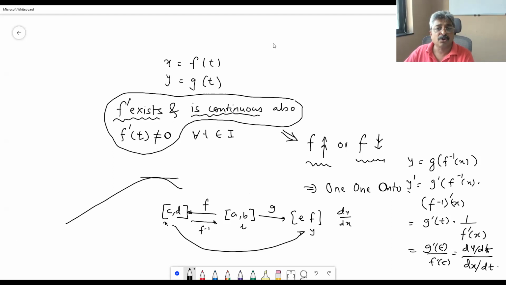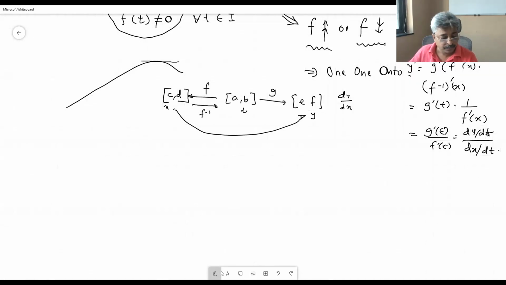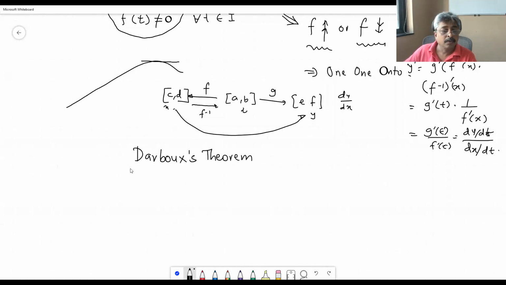And what helps parametric differentiation to still hold true is the theorem called Darboux's theorem. Darboux's theorem will help you to overcome the stringent requirement of f dash being continuous.